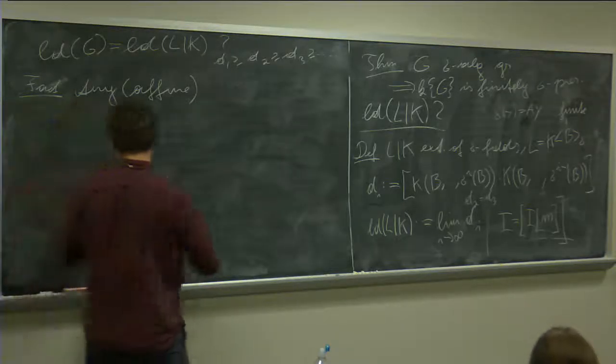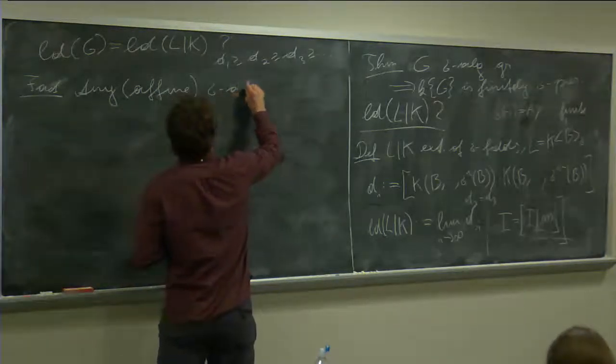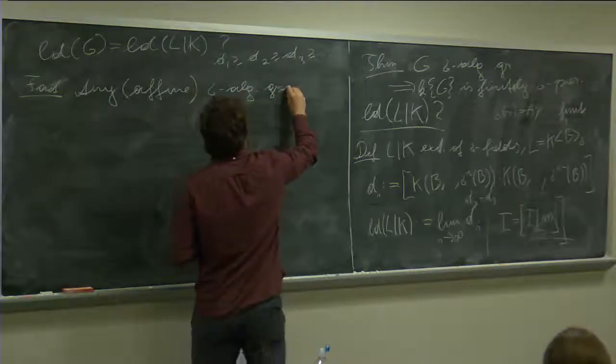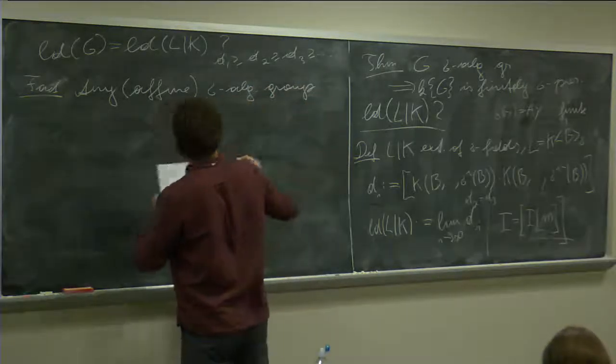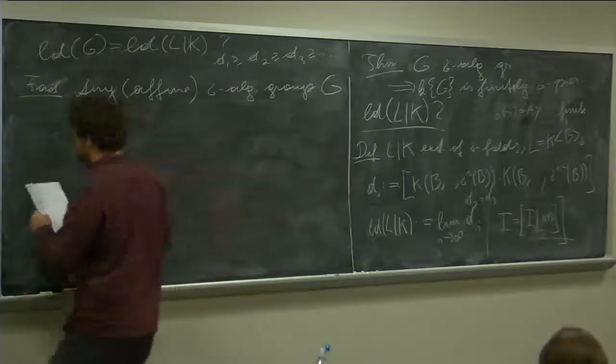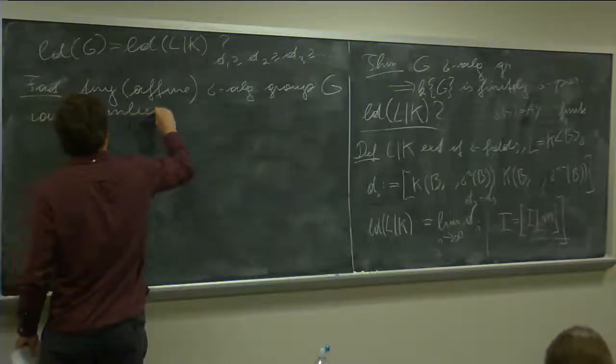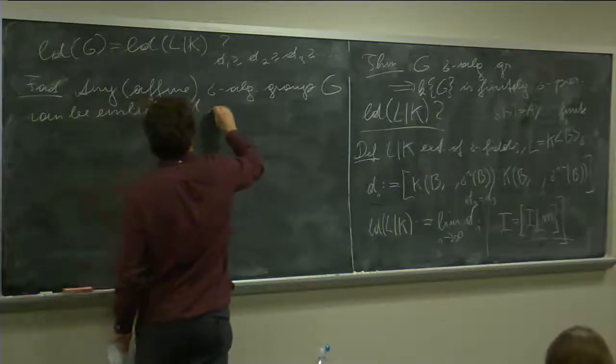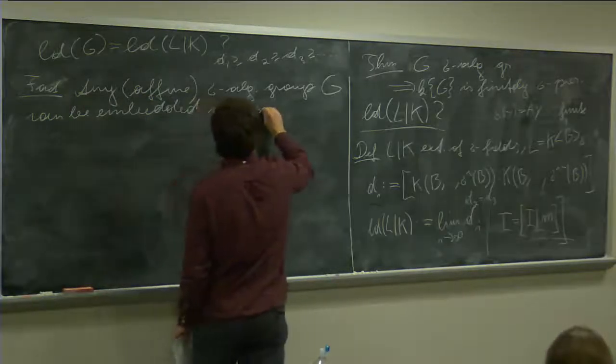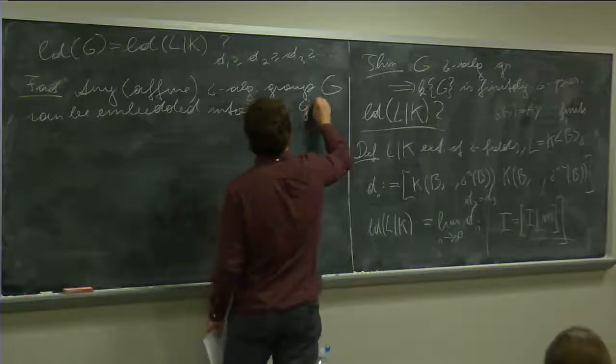So any affine sigma algebraic group, call it G again, can be embedded into some general linear group.